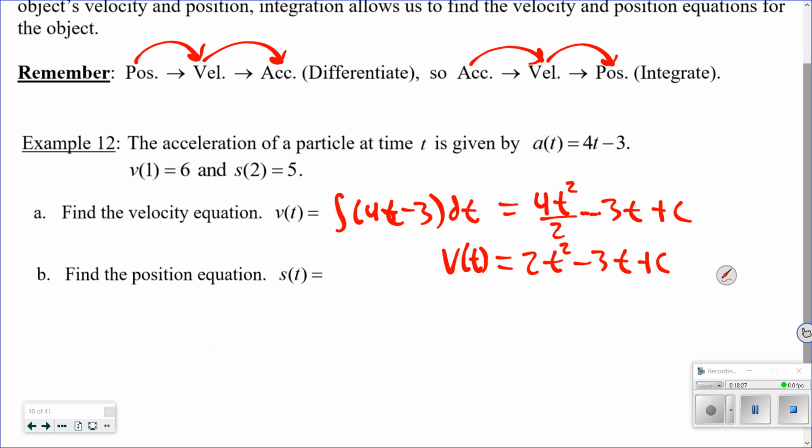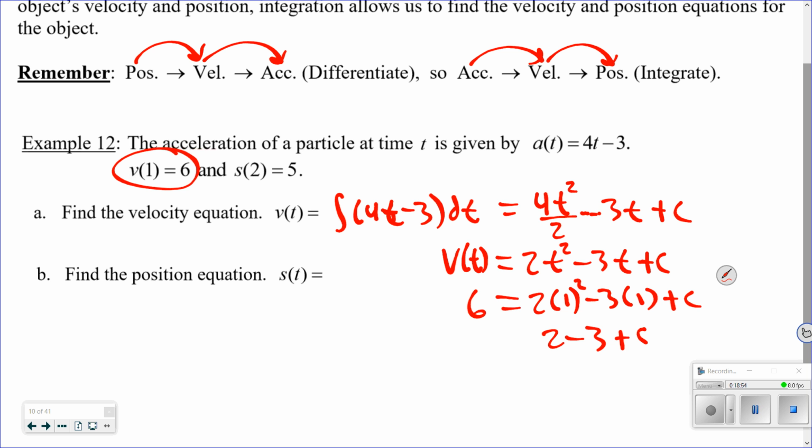Now, right now I just have that plus c there. It gives me this initial condition up here. It tells me v of 1 equals 6. I can plug 1 in for t then, and the velocity has to equal 6, and that will allow me to find out what c is equal to. So if I plug 1 in, I get 6, plugging 1 in for t. Let's figure out what c is equal to. So that would be 2 times 1 squared is 2, minus 3, plus c.